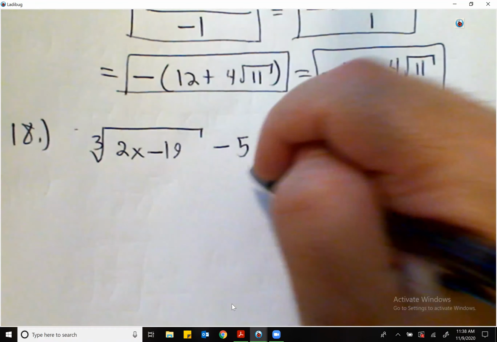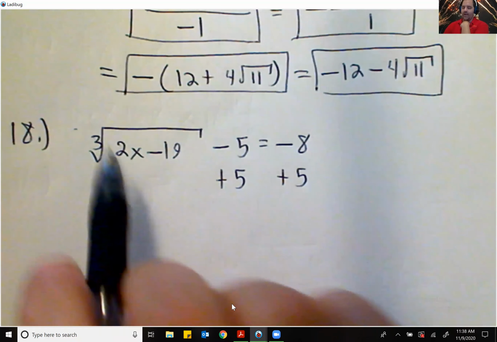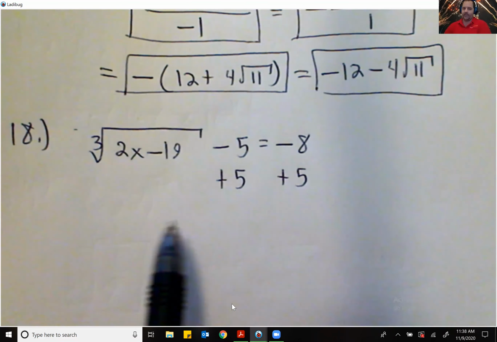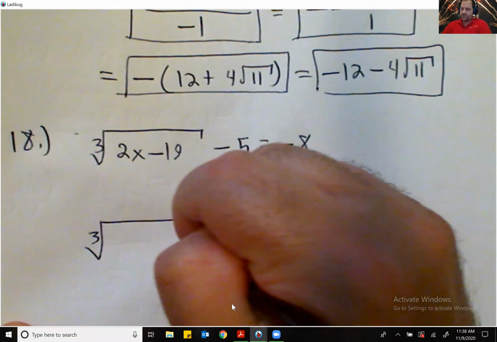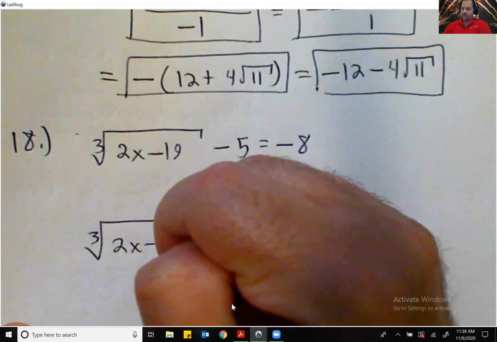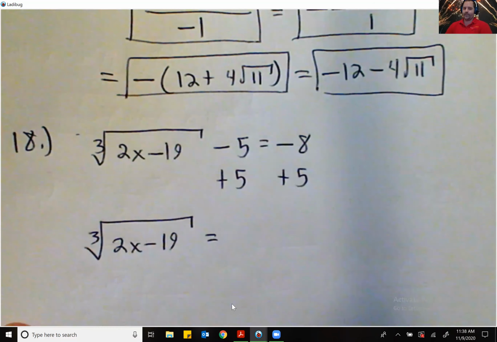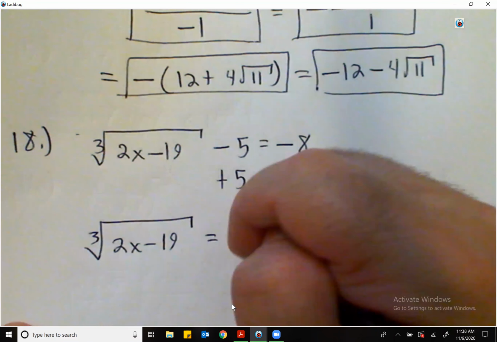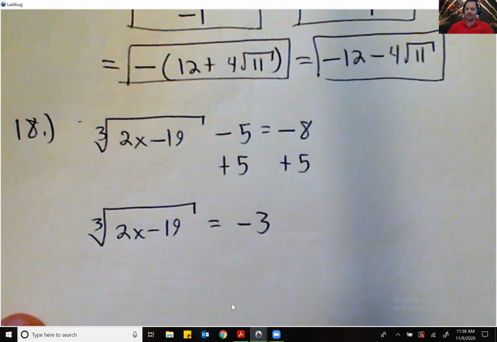You got it. Add this 5 to the 8 because we got to get our radical by itself before we can do anything. So now we have the cube root of 2x minus 19 equal to, what's negative 8 plus 5? Negative 3. Okay. Now what? We got our radical by itself. What do we do now?